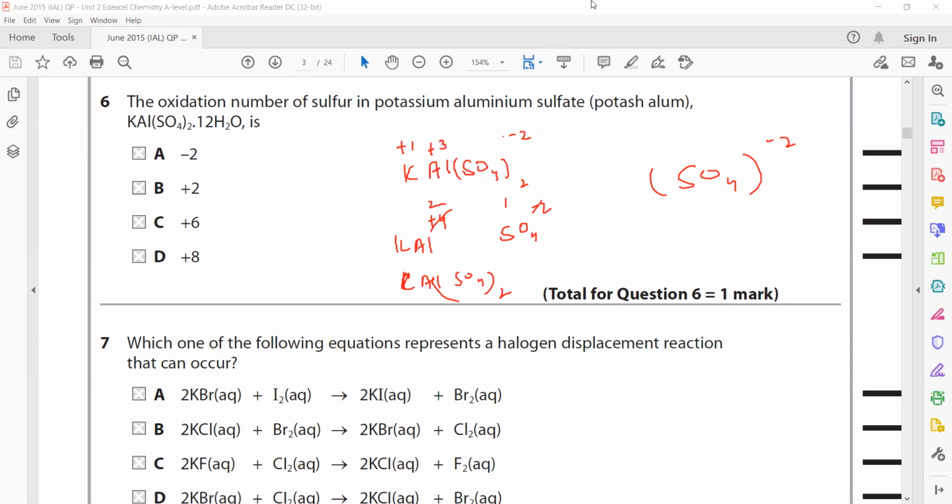So we need the oxidation number of sulfur. How will we work it out? Each oxygen is -2, so 4 oxygens will be -8, so sulfur should be +6, so that the overall charge on the sulfate ion will be -2. That's why C is the right answer.